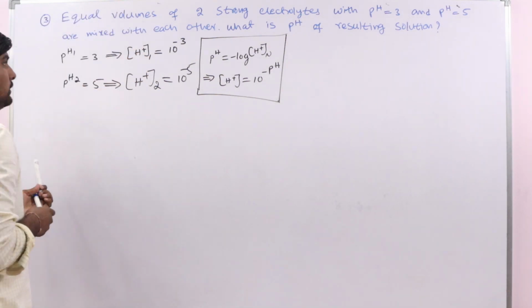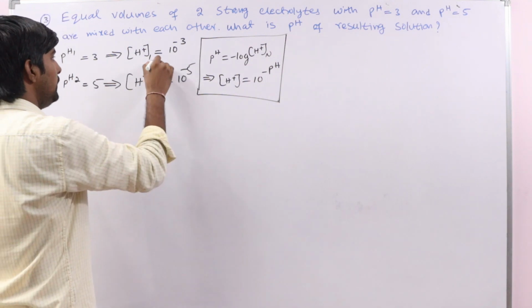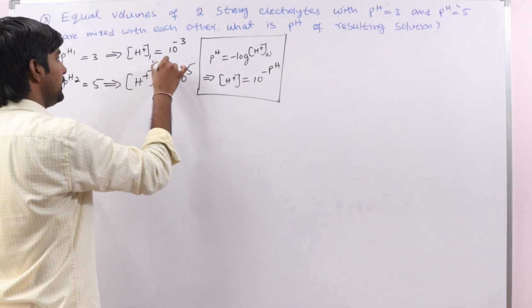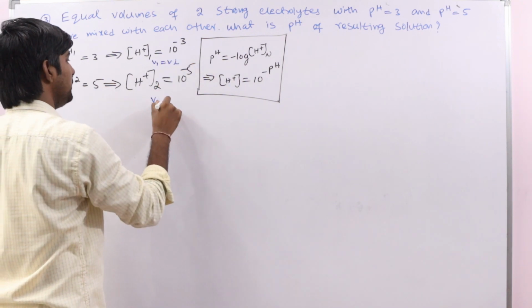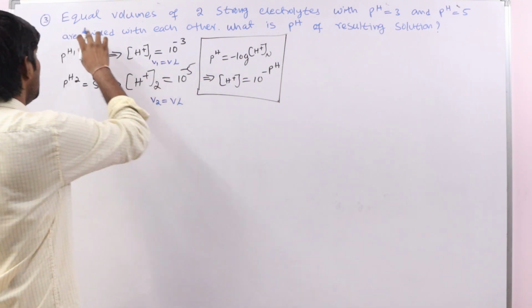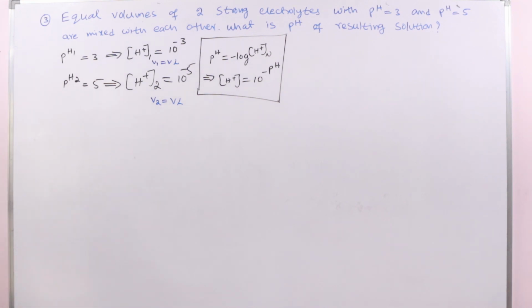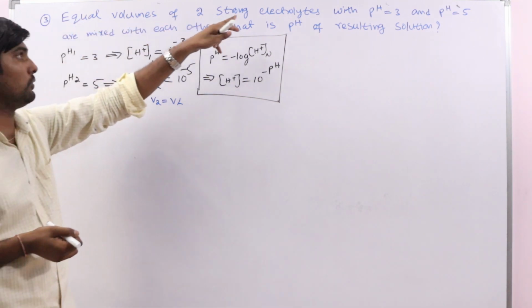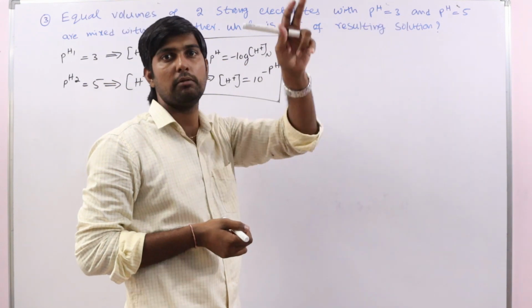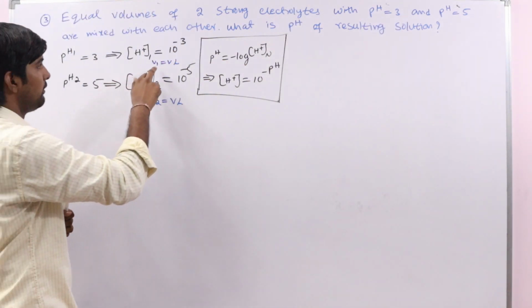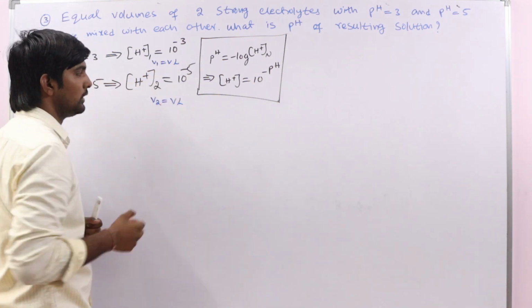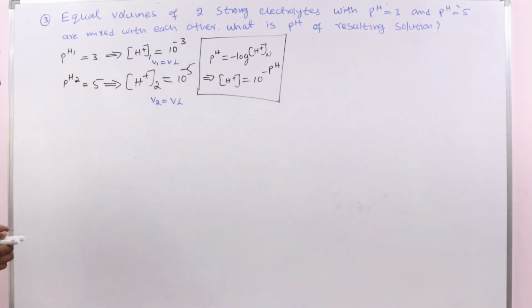And here, volume V1 is, let us assume, V liter, here also volume is equal to V liter, because they mentioned that equal volumes of two strong electrolytes. So V1 equal to V liter, V2 is equal to V liter, same volume.